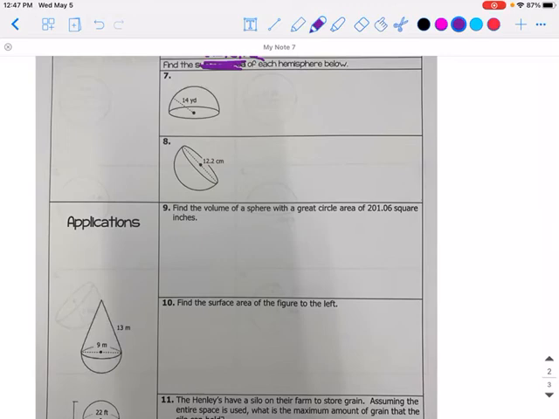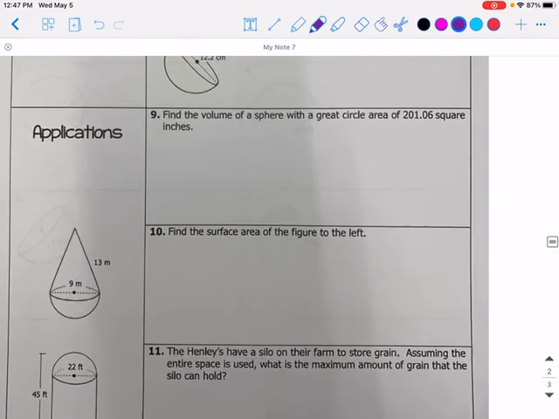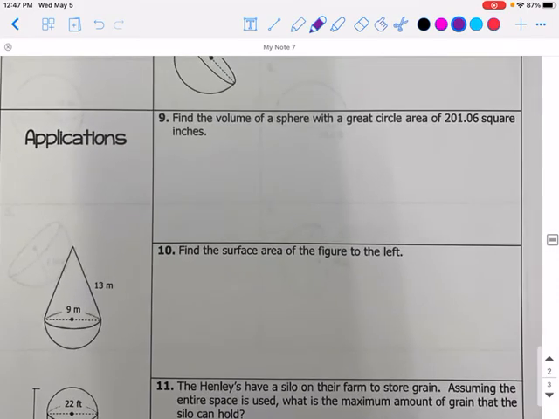In numbers 9, 10, and 11, I want to give some hints. So in number 9, find the volume of a sphere with the great circle area of 201.06 square inches. So what they're saying is when the volume formula, right, is 4/3 pi r cubed. The great circle area, so remember that's pi r squared, is 201.